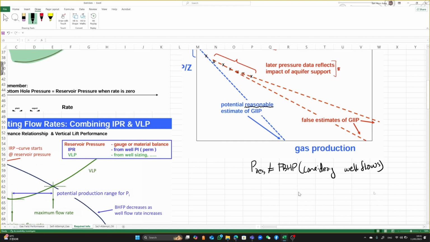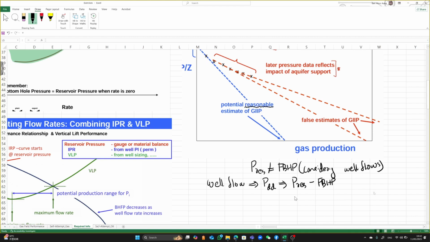As I said, for a well to flow, we have to create a pressure relief regime, so we need to create drawdown. A well only flows when pressure drawdown is created, and pressure drawdown is the reservoir pressure minus the flowing bottom hole pressure.